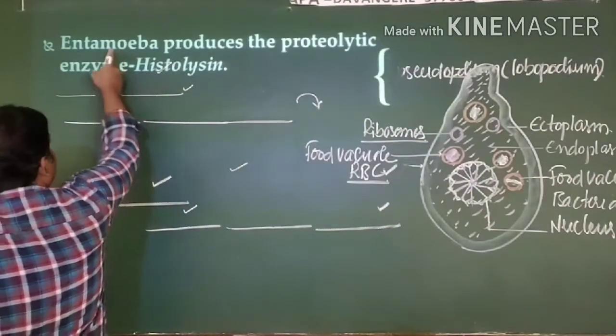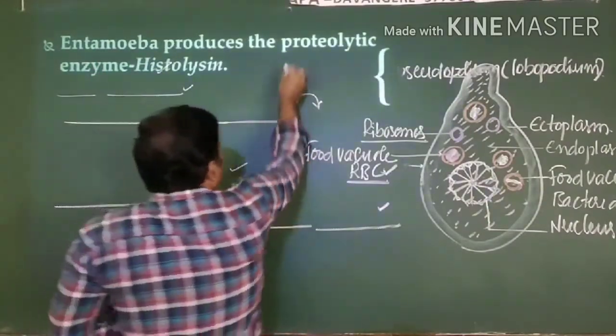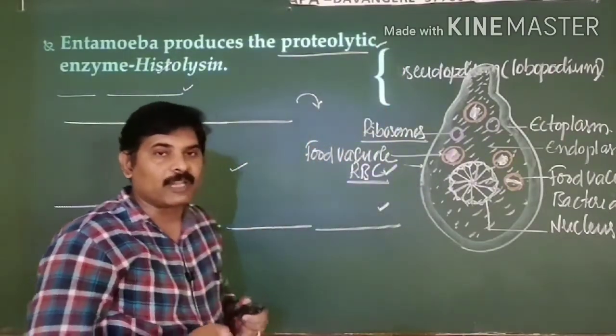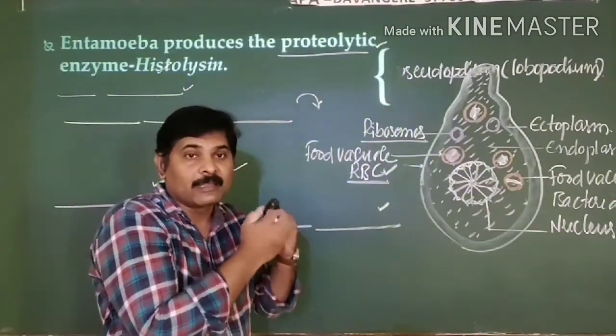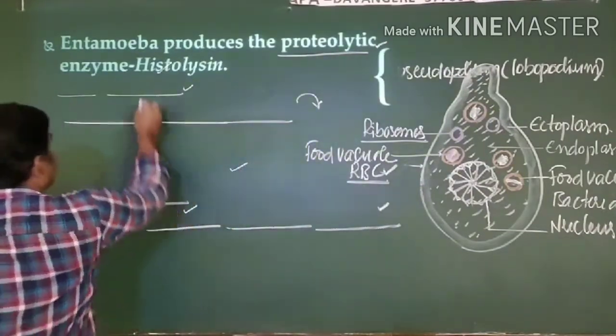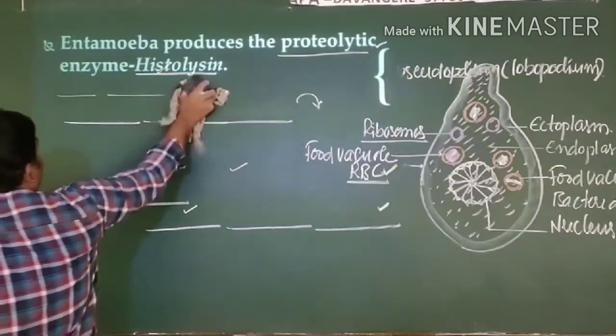Right. Let us switch over to the second important part, and before that we can see some more interesting things. This Entamoeba histolytica releases a kind of enzyme which is proteolytic in nature. That means it dissolves proteins. It acts on the proteins and breaks them down. The name of that enzyme is histolysin. This is an important point that you have to remember.